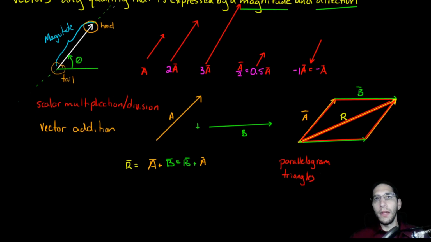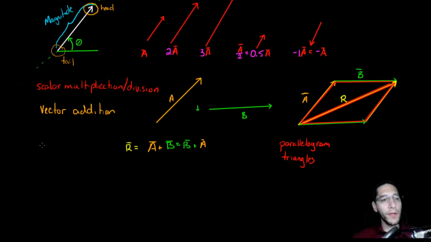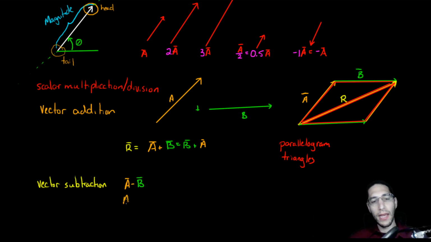Now, in addition to vector addition, we can look at vector subtraction. When we look at vector subtraction, let's use these same 2 vectors. And let's do A minus B. So what is this? Well, this is really an A plus a -1 times B. And we know how to handle this case, right?